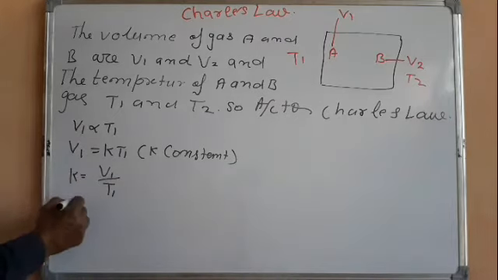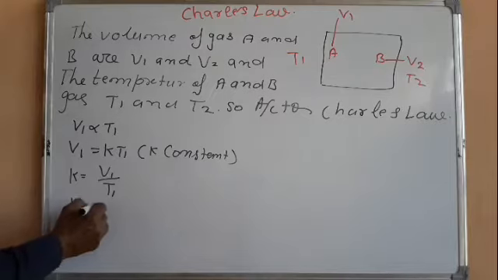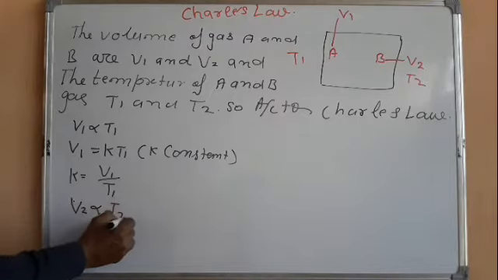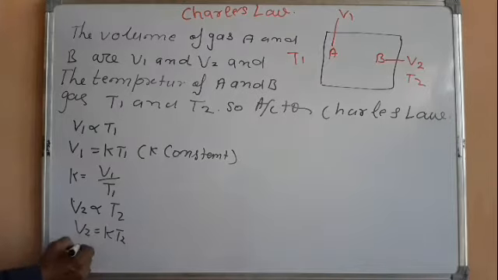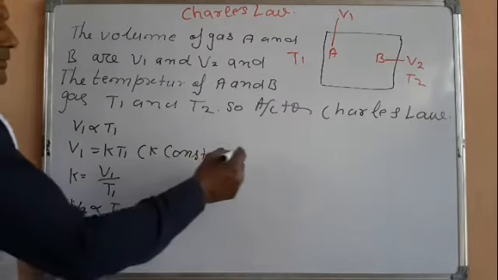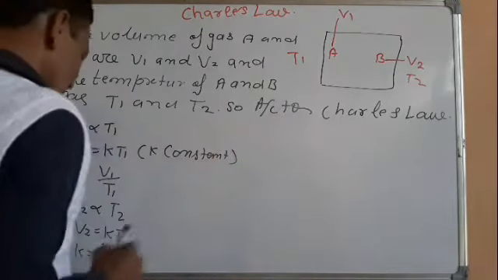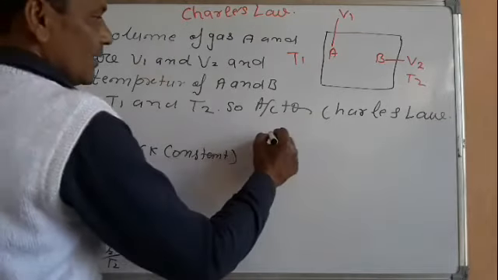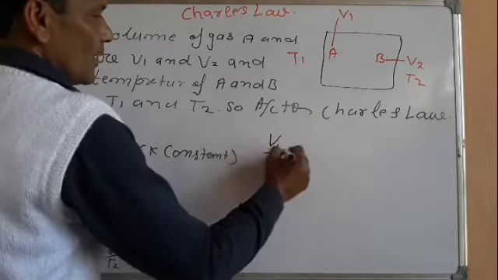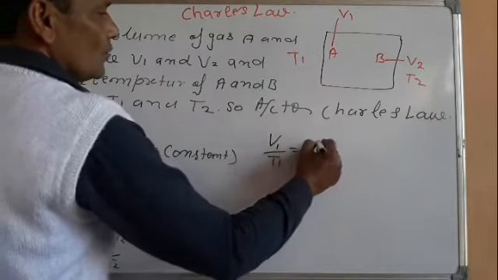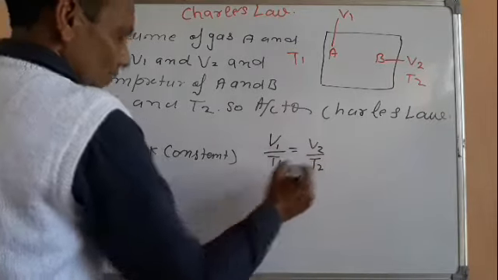For second gas, V2 proportional to T2, V2 is equal to K T2 and K is equal to V2 upon T2. K is a constant. So the equation number first and second, V1 upon T1 is equal to V2 upon T2.